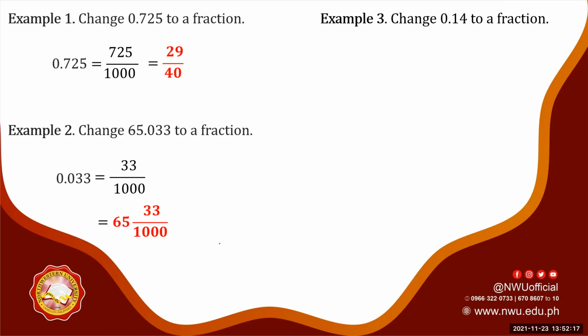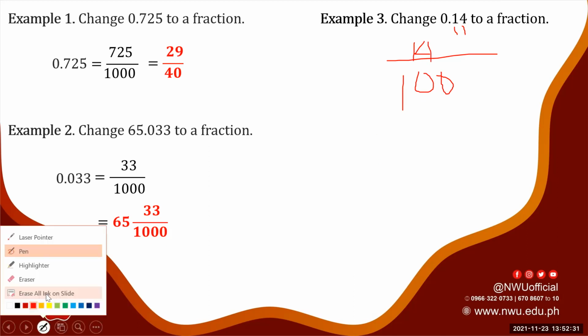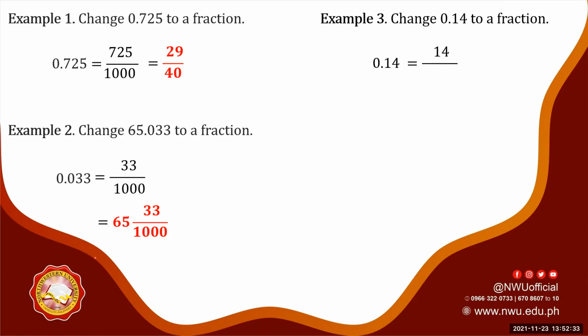Another is 0.14. Since it has only two places, that would mean it has two zeros, write 100 and copy 14. But 14 over 100 is reducible. So that's 7 over 50. Okay? So, another example, 12.5.